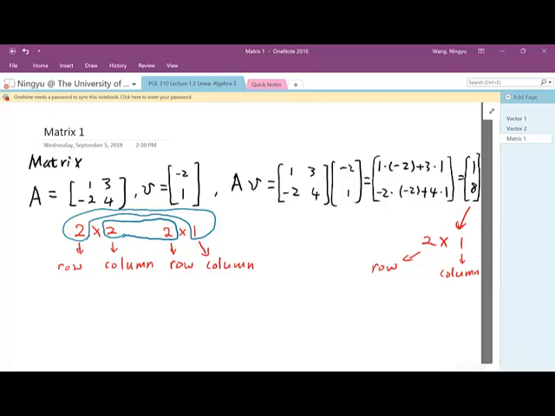And let's look at some more examples, or let's generalize it.